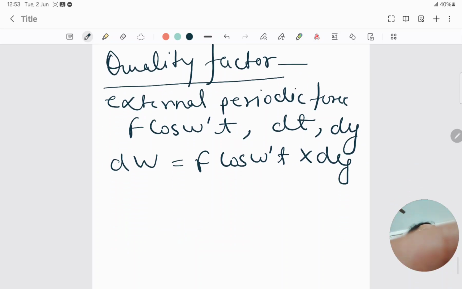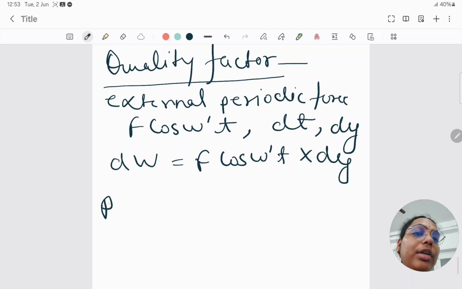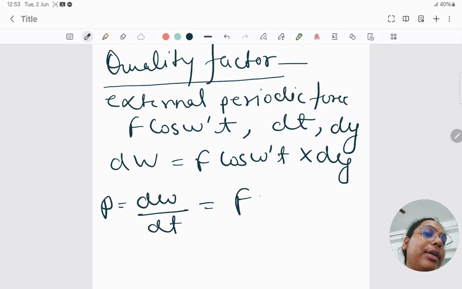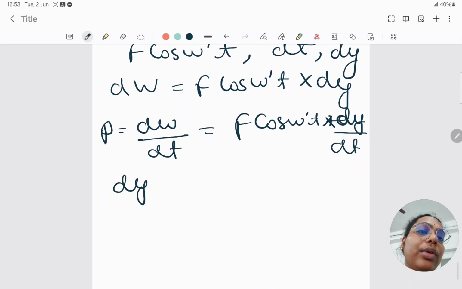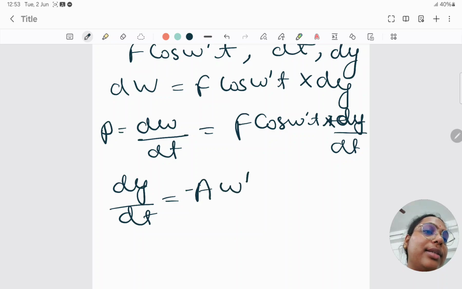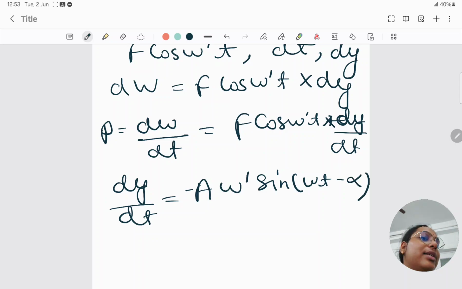Okay, and if you calculate, the power will be nothing but dW by dt. That will give you F cos omega dash t into dy by dt. And dy by dt, you know that this will be minus a omega dash sine of omega dash t minus alpha, because y is a cos of omega dash t minus alpha, you know, for the forced oscillator.